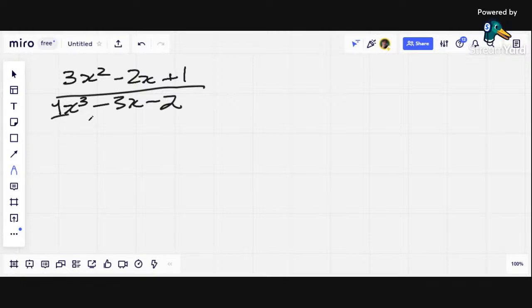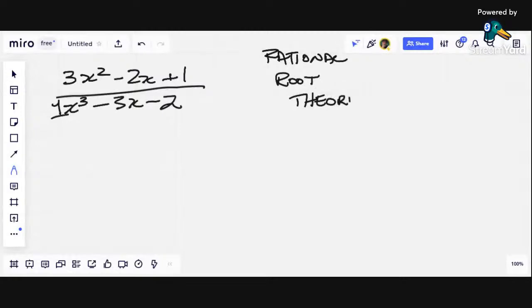According to the rational root theorem, if there are rational roots, they will be the factors of this.